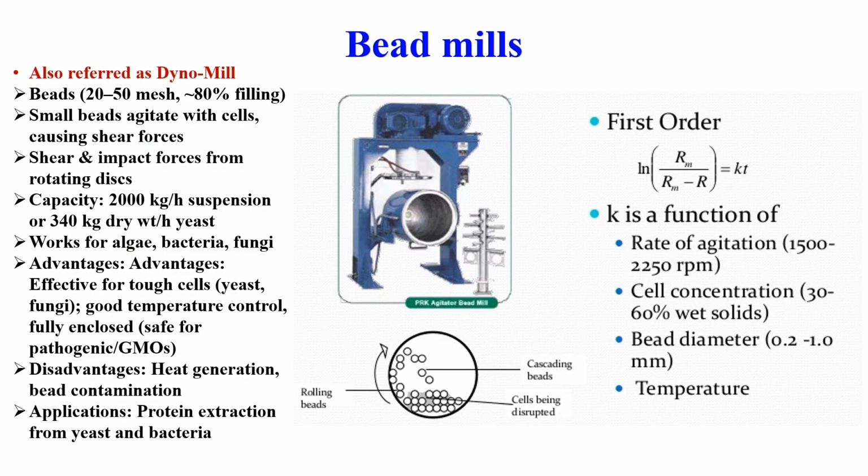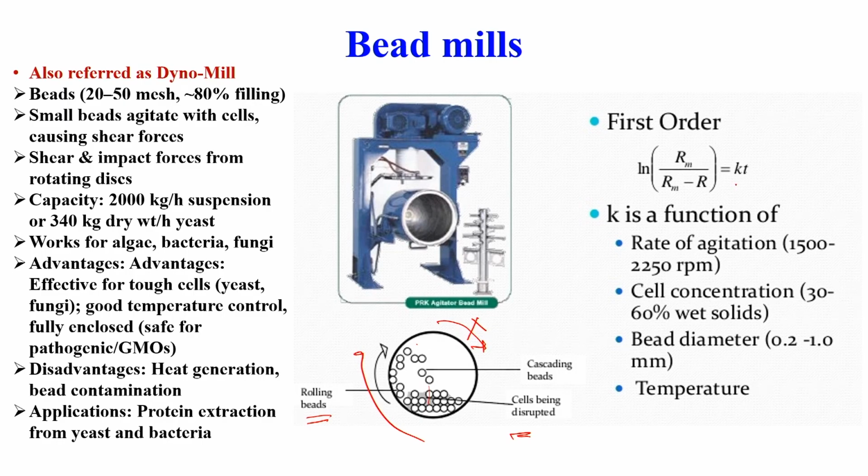You can just see the bead mills here. This is a typical setup. In this you have the rolling beads, and the RPM is set in such a way that it does not complete the whole cycle; it reaches the top then drops down. So, basically cells are impacted by these beads and they are broken.